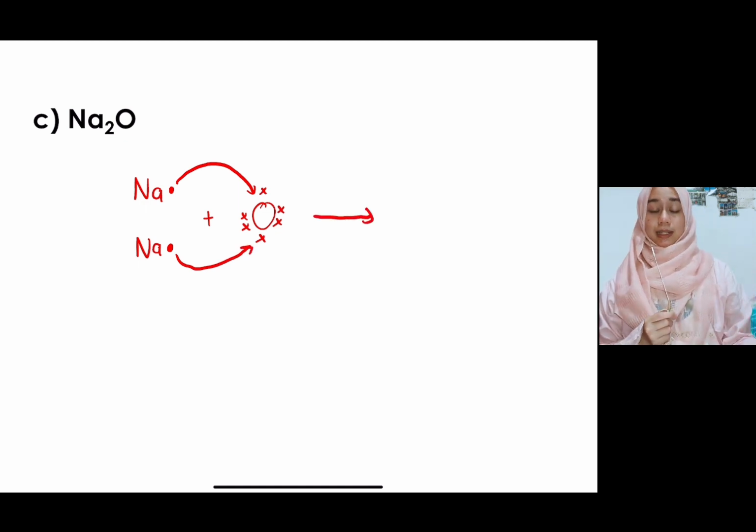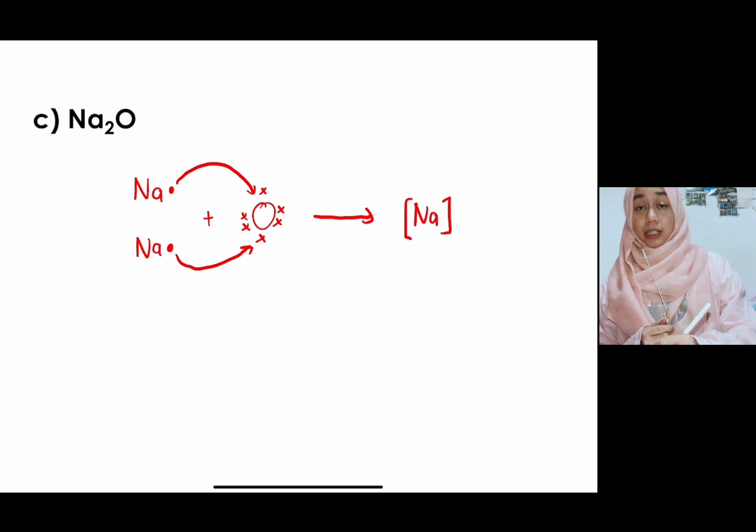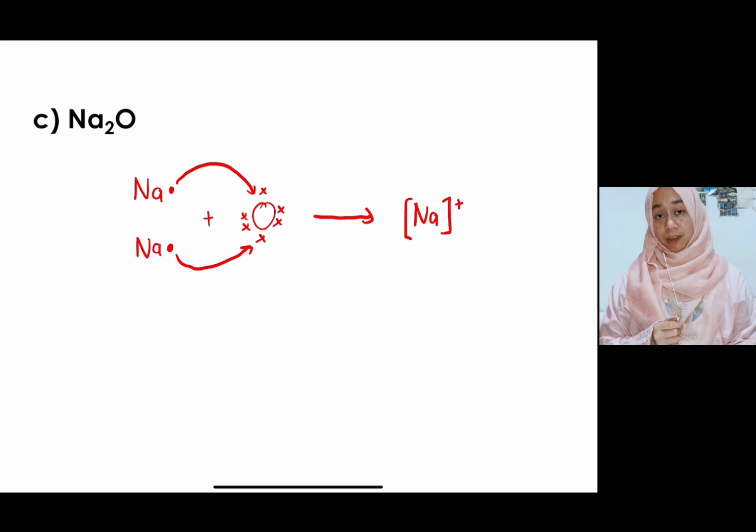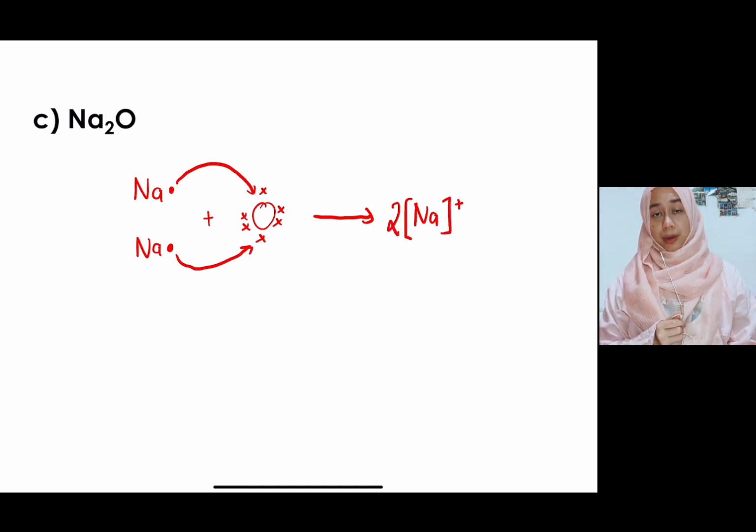So, apa hasil dia adalah, so since sodium atom ni, kita dah transfer elektron, so tak ada benda dah keliling dia, and then dia transfer satu je kan elektron, so make sure kamu letak Na positif lah, but then ada 2 atom of sodium yang involve kat sini, therefore kena letak 2 dekat depan square bracket tu.